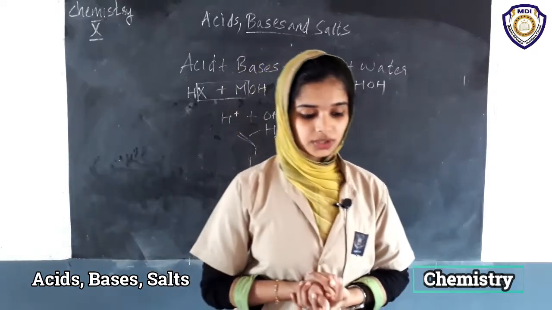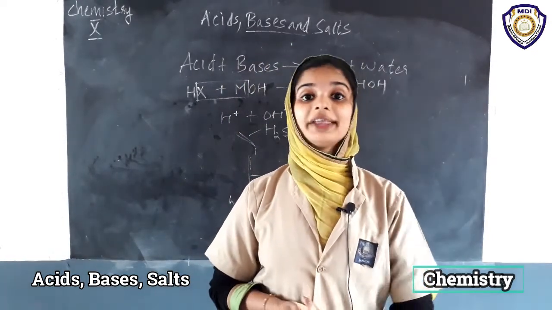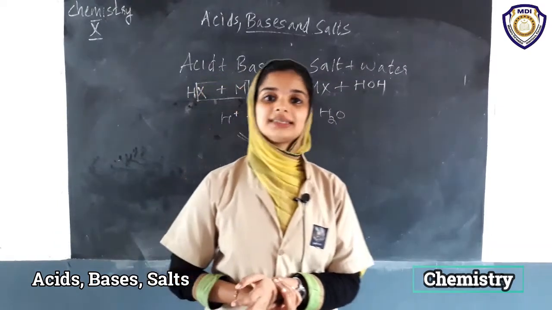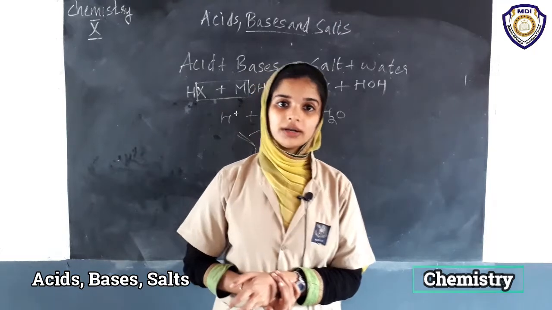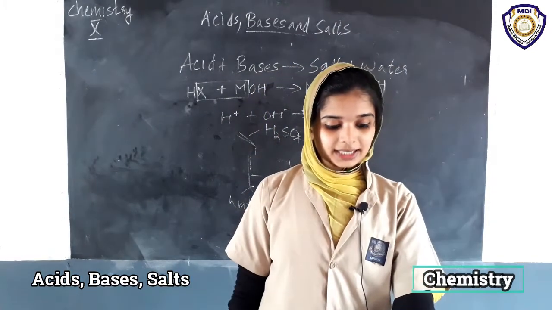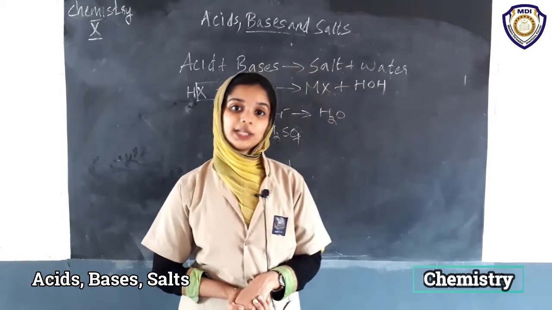Such a process is called dilution. Adding water to acid to decrease the concentration of its ions is called dilution. And the acid or the base is said to be diluted.